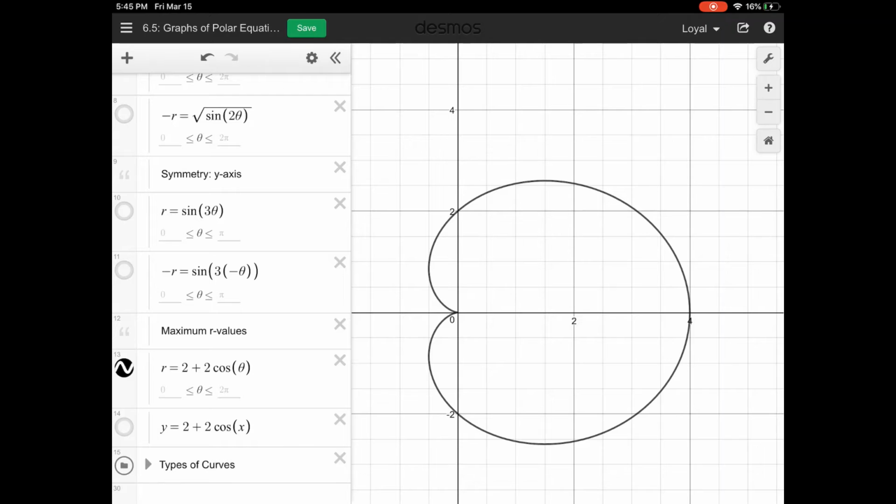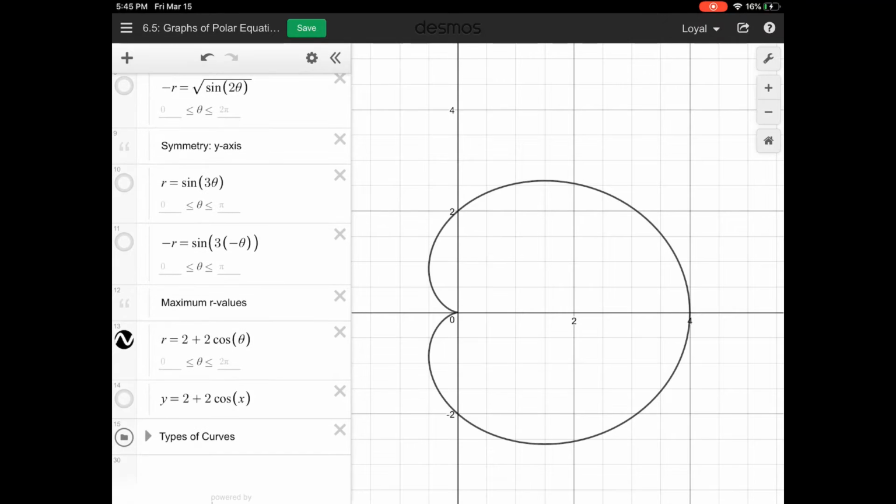But we can change this. If we were to change this equation up a little bit, we can see exactly how far we are in theta and what theta does at any point. So if you can see in this lower equation, if I was to replace r and theta with y and x, for every single input of x, we would get the same y as we would r. Let's say that another way. If r equals 2 plus 2 cosine theta, and I plug in any value for theta, I'll get some value r.